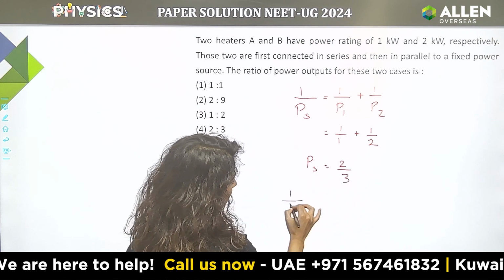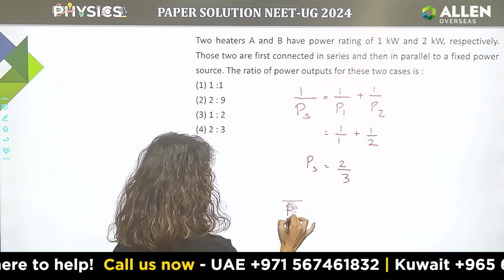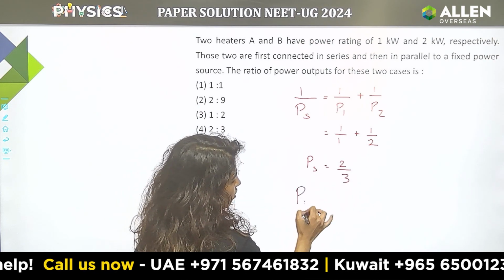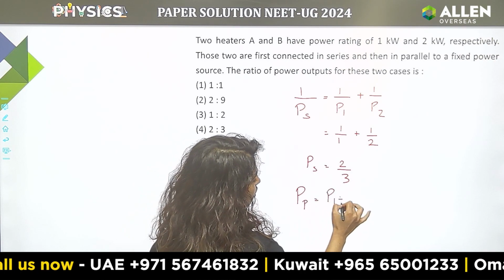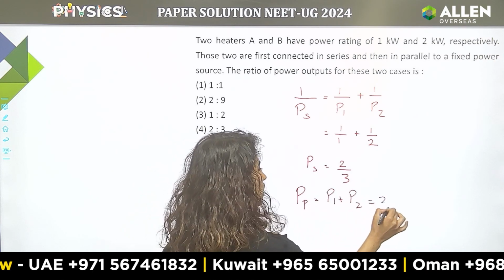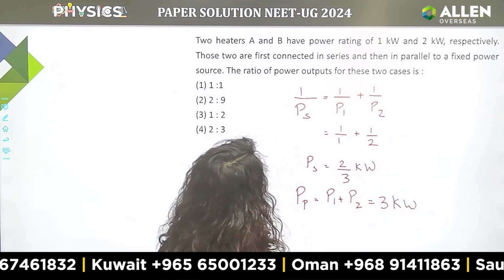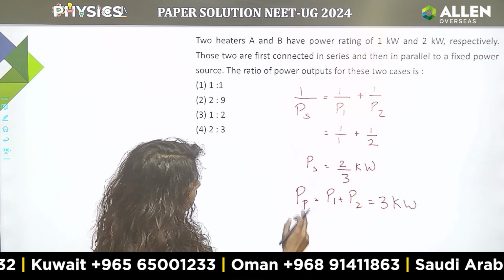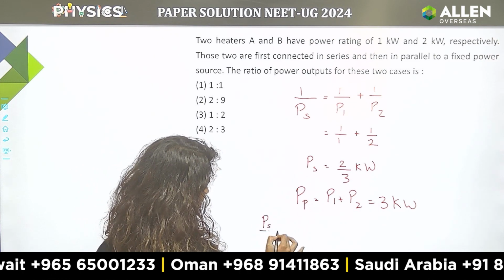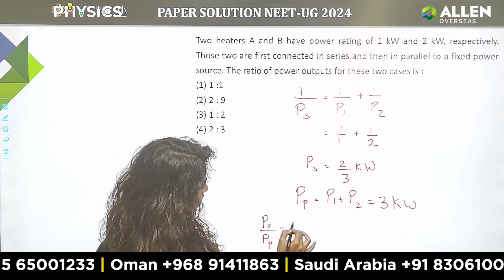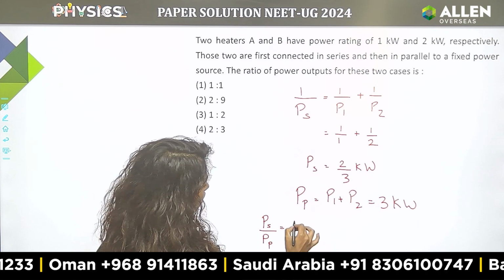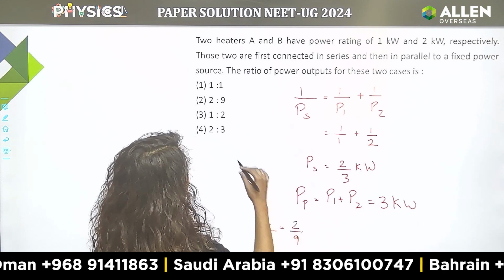Now for the parallel combination, the formula is power in parallel equals P1 plus P2, making it 3 kilowatt. We want the ratio of P_S and P_P, which is going to be 2 by 9.